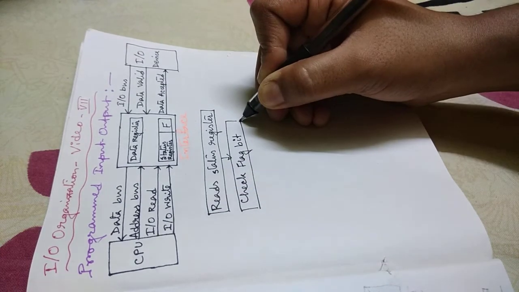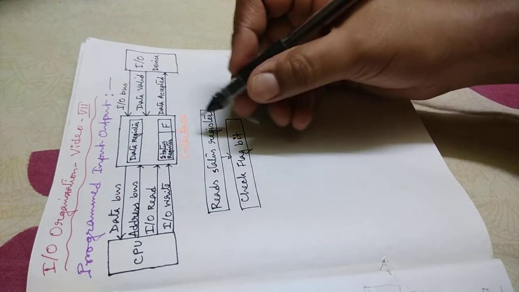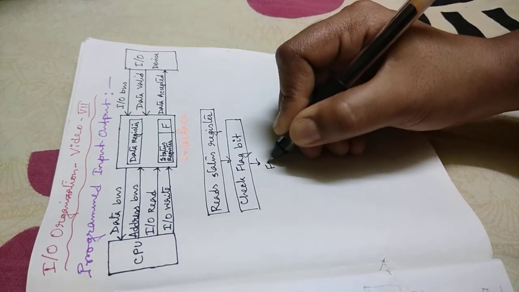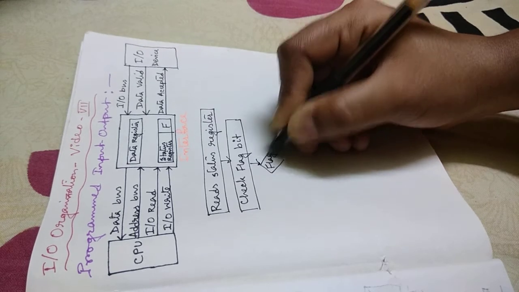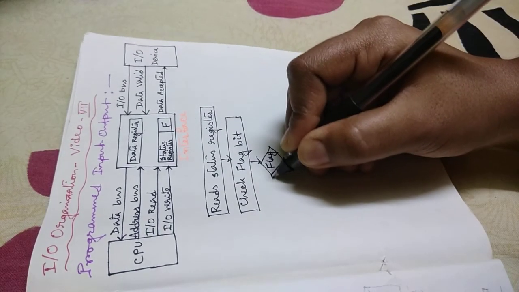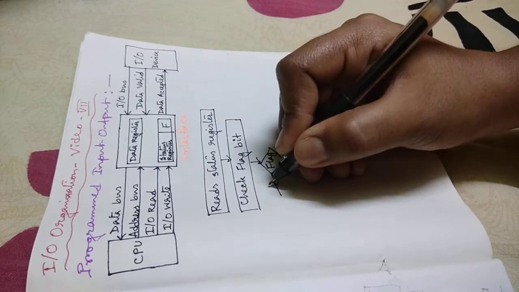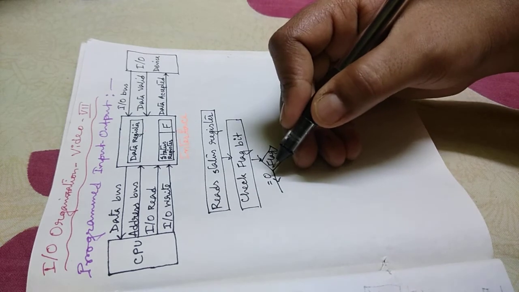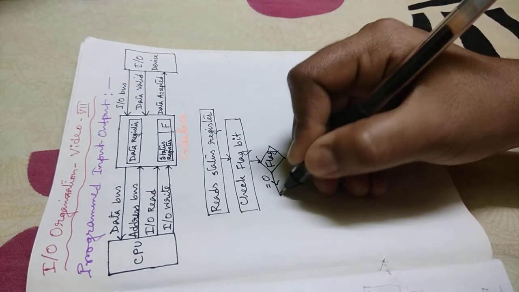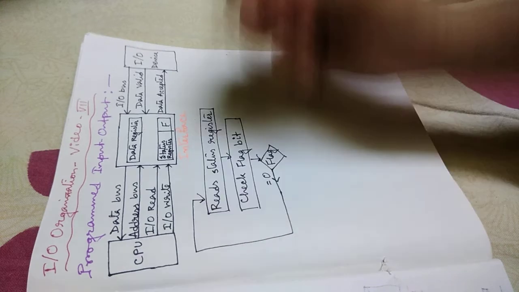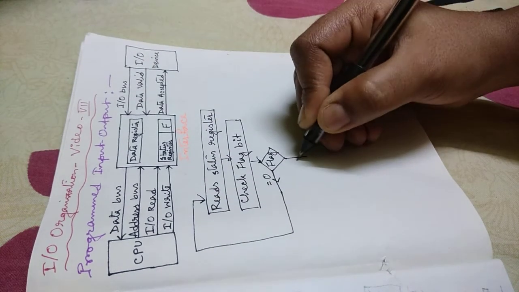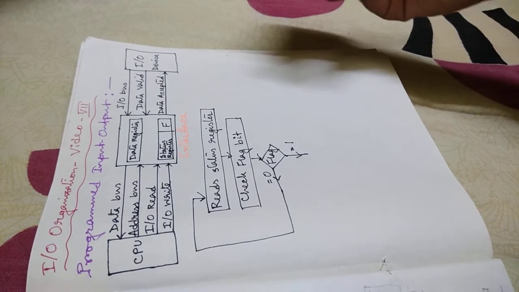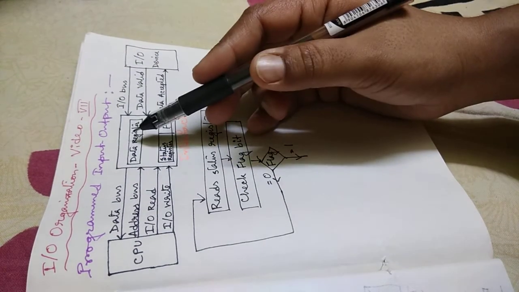Now I'll draw a diamond because it is a condition check, the value of F or flag. If the flag's value is 0, that means the data register is empty. So the CPU has to read this status register again. If the flag's value is 1, then what does the CPU do? It reads the data register.